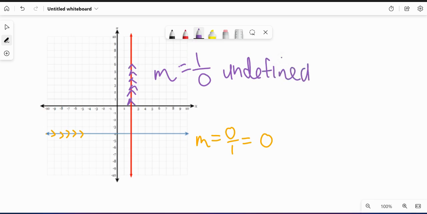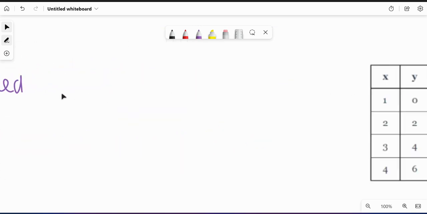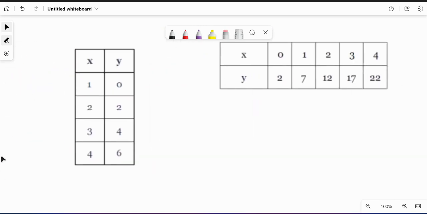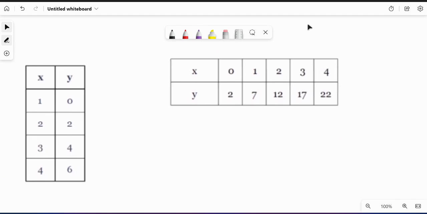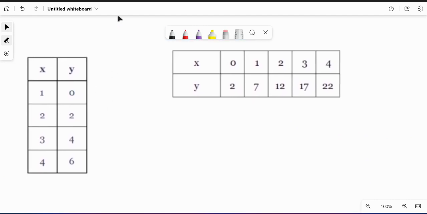All right, so whenever you have a horizontal line, it's 0. Vertical line, it's undefined. Now let's take a look at some tables. We've got 2 different tables here. Again, with the tables, you're just finding the rise over run. The rise is the y values, so you're seeing how much the y values go up. This goes up 2, this goes up 2, and this goes up 2.